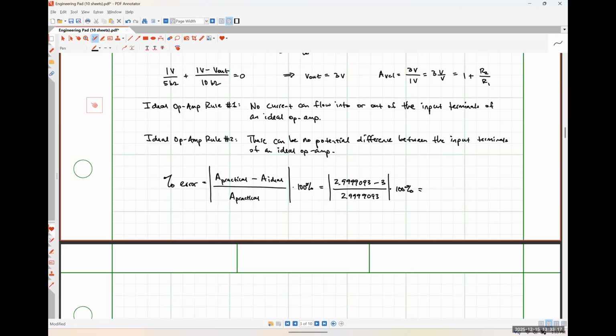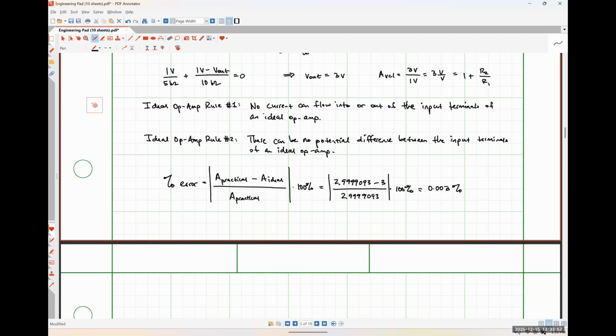I got 0.003 and some change percent. So using the ideal op-amp model versus the practical op-amp model for this negative feedback system introduced 0.003 of a percent error into our system, okay?